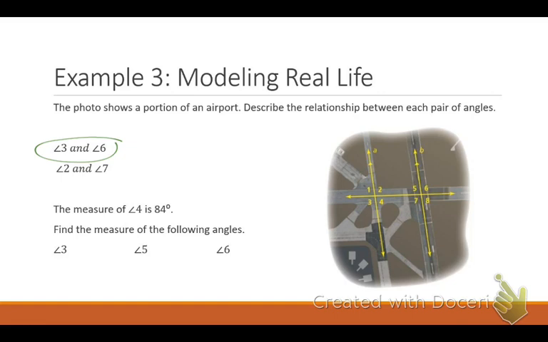So all 5 relationships are on the table now as options. We have adjacent, vertical, corresponding, alternate interior, and alternate exterior. So between angle 3, which is right here, and angle 6, what relationship do they have with each other?